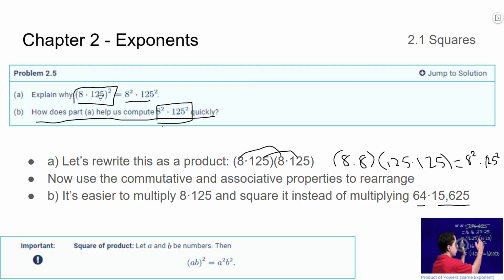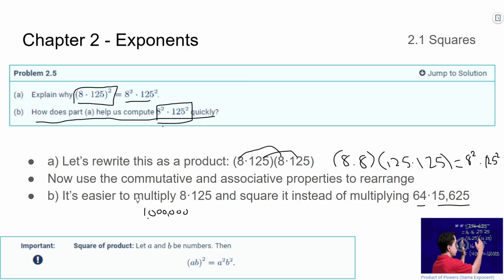And 8 times 125, I can do that, because I know that 125 times 2 would be 250. And if I double that, so 4 125s would be 500, which means 8 125s would be 1,000. So 8 times 125 would be 1,000. And then 1,000 squared, I can do that, because 1,000 squared would be a bunch of zeros, a million.